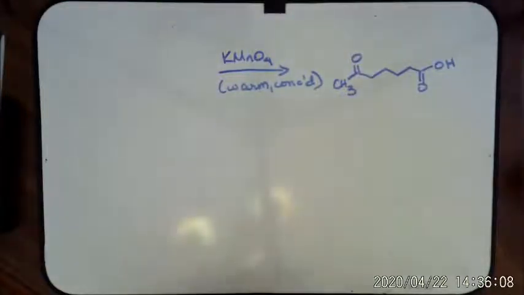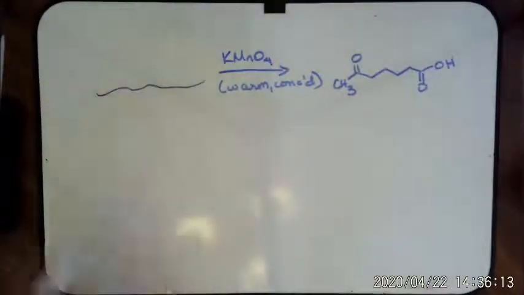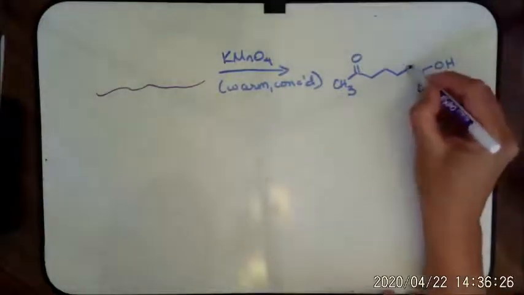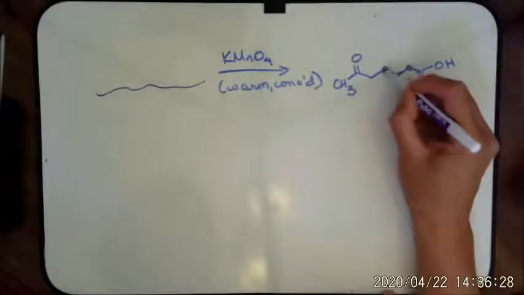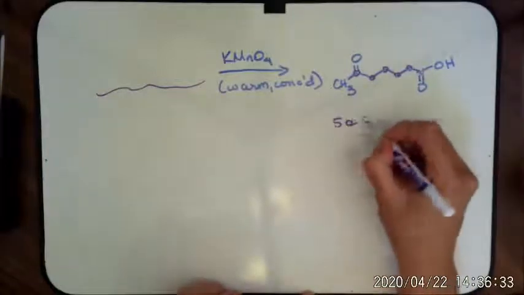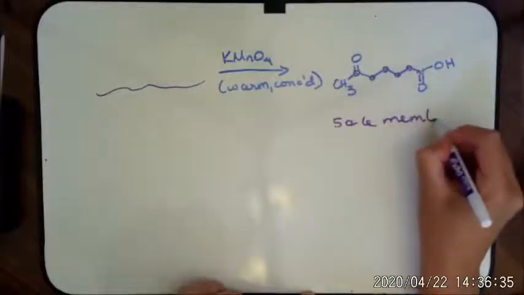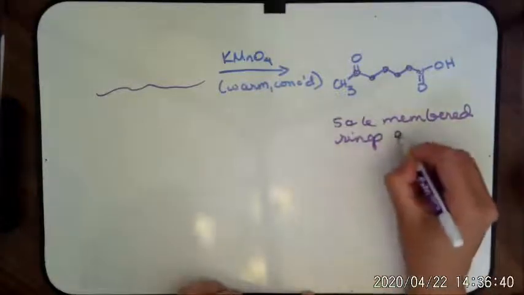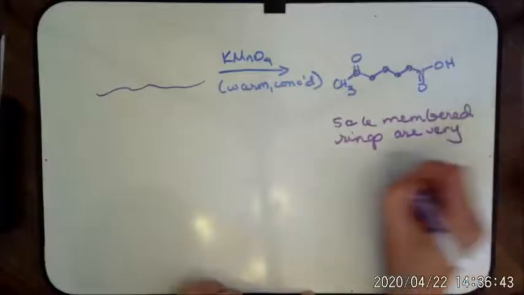So the question is, what is my unknown compound? Some of the things that you can consider here is this: 1, 2, 3, 4, 5, 6. 5 and 6 membered rings, remember, are very stable.